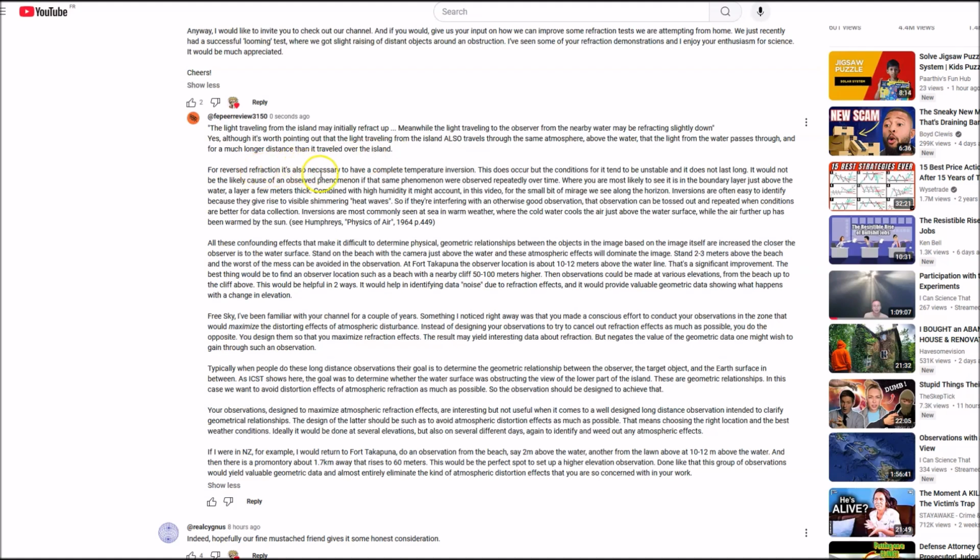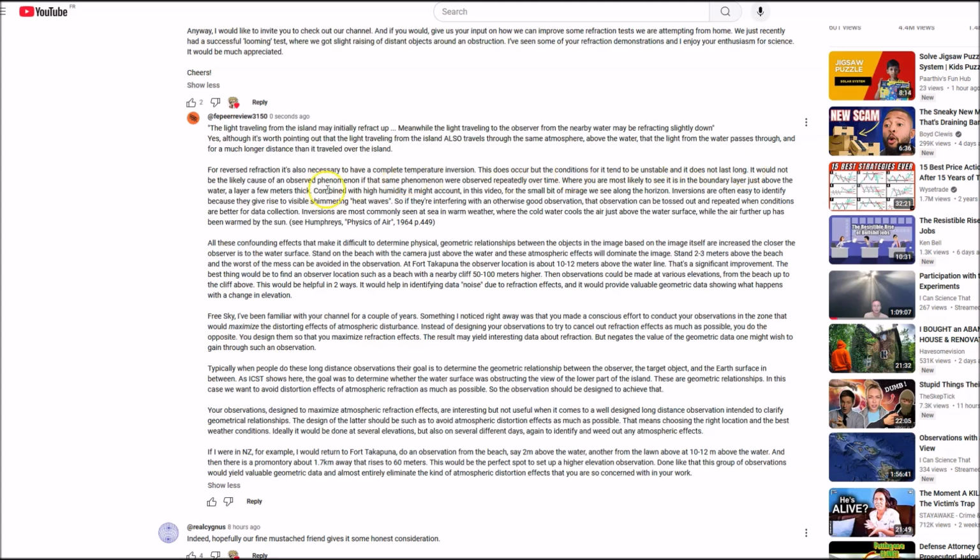For reversed refraction, it's necessary to have a complete temperature inversion. Now, I'm not 100% sure that it's absolutely necessary, but I think that reversed refraction is almost always associated with the temperature inversion. This does occur, but the conditions for it tend to be unstable and it does not last long.